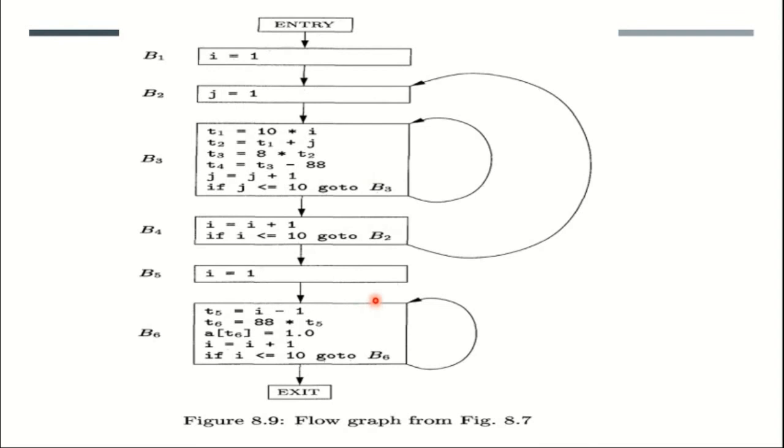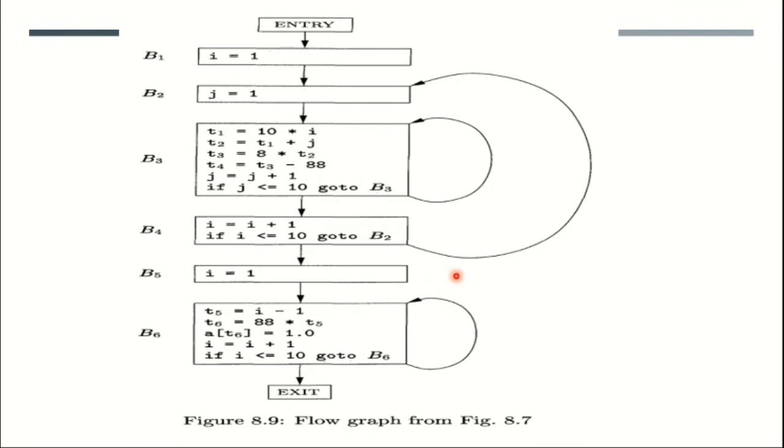So the total loops are: B3, then B6, and another loop from B4 to B2, B2 to B3, B3 to B4. So this is the third loop. These are the loops in this three address code or flow graph.